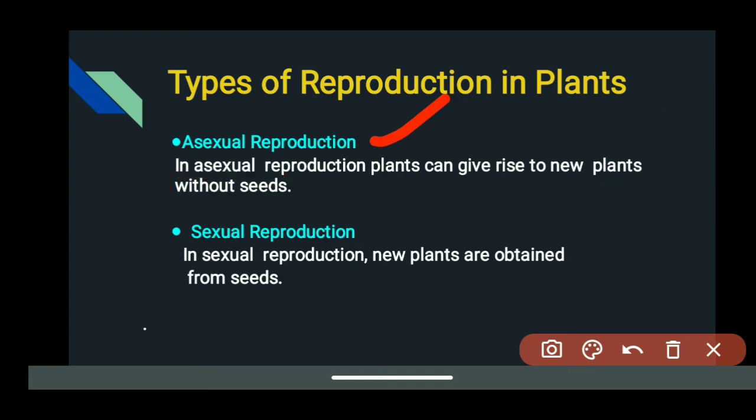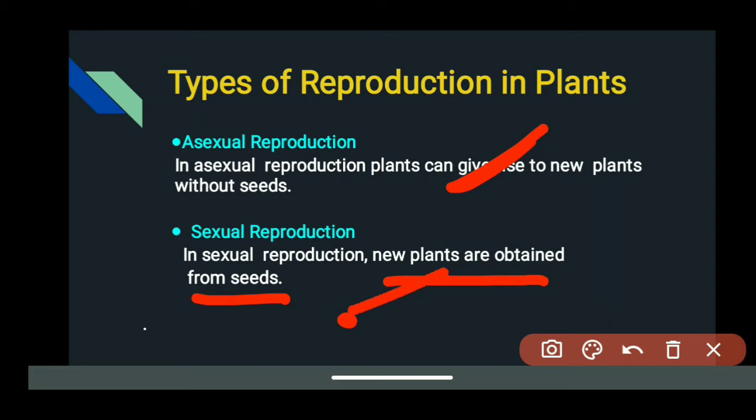But what happens in sexual reproduction? It is the opposite of asexual reproduction. In sexual reproduction, new plants are obtained from seeds. A seed is needed for the growth of the new plant, and this is known as sexual reproduction.